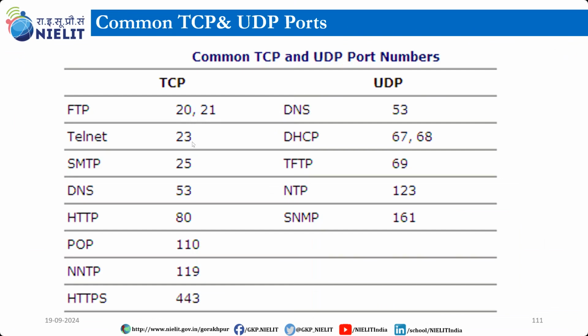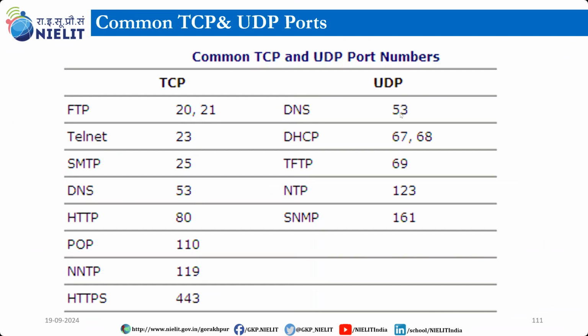Telnet uses TCP port 23. It means Telnet is using the TCP protocol and it is running on 23 by default. SMTP, Simple Mail Transfer Protocol, TCP port 25. DNS, 53 TCP port.